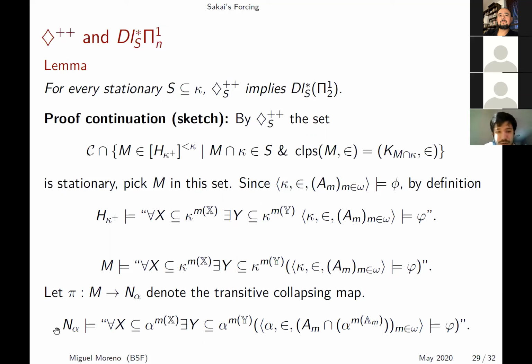So it is the transitive collapse, and so N_alpha believes that the small structure believes phi, and that is what we wanted. So now we know that diamond plus plus implies DL star S for Π^1_2. In general, for Π^1_n, you just put more variables. So we only need to force diamond plus plus S.